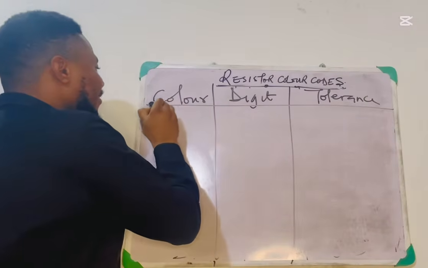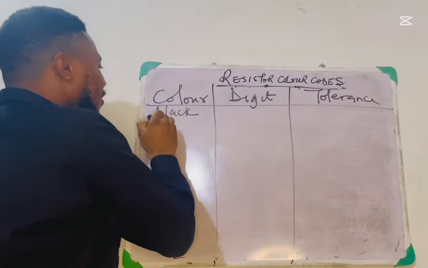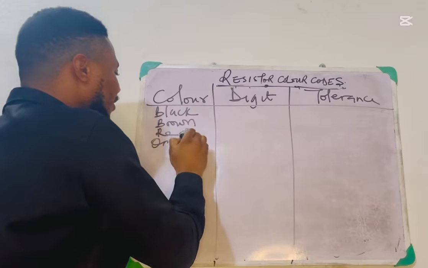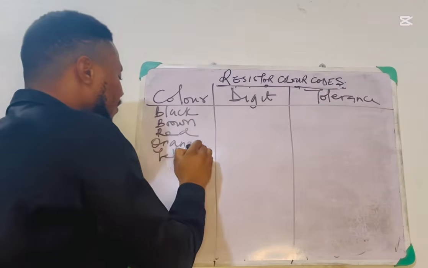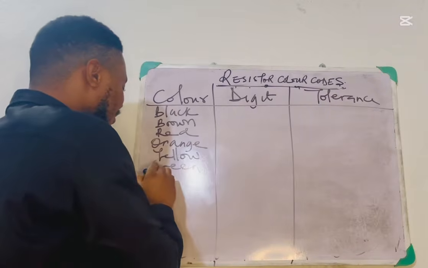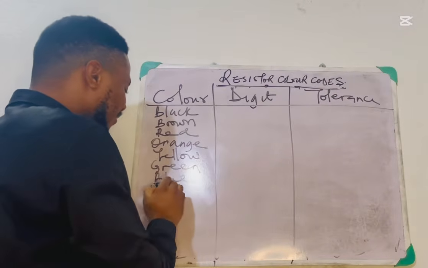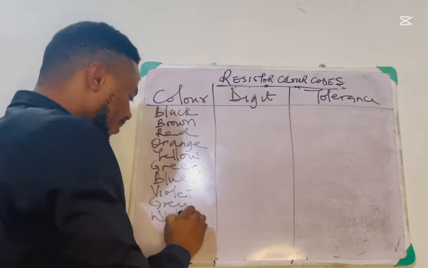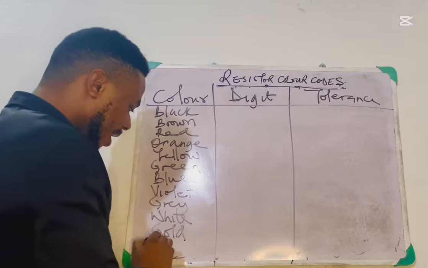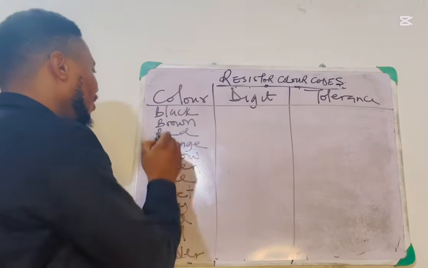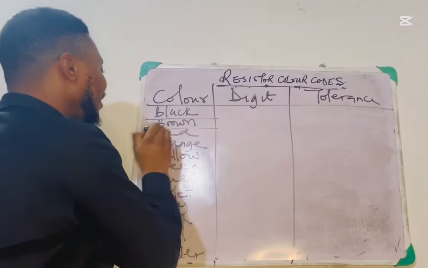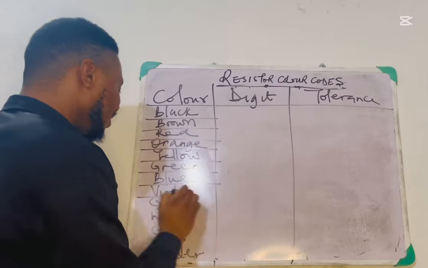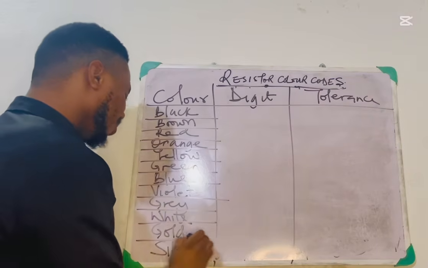We have the first color black, the second brown, then we have red, orange, yellow, green, blue, violet, gray, white, gold, and silver. So these are the colors for the resistor color codes.